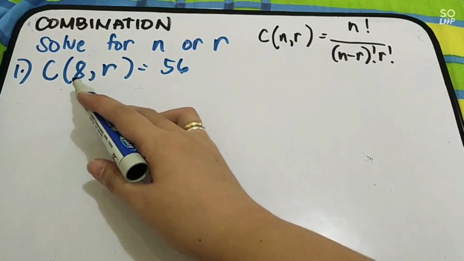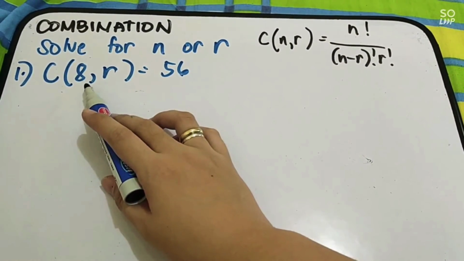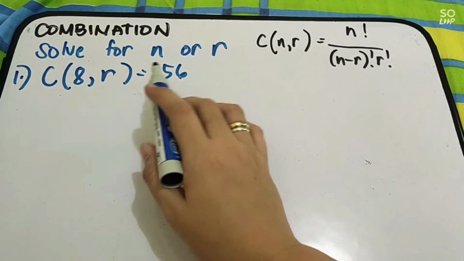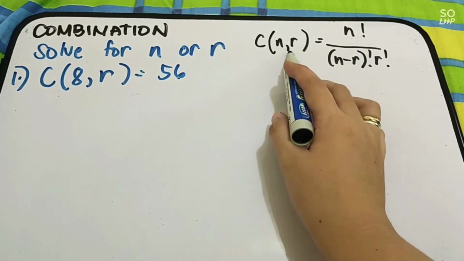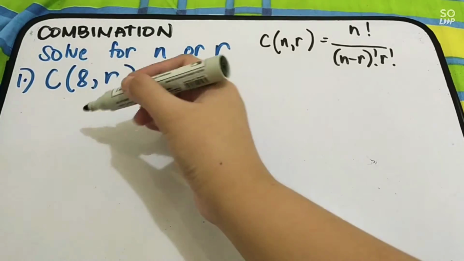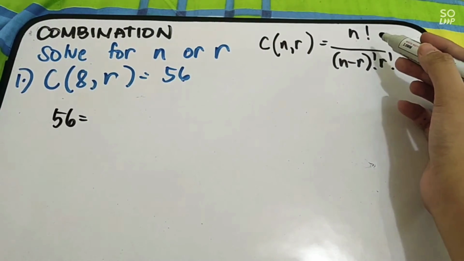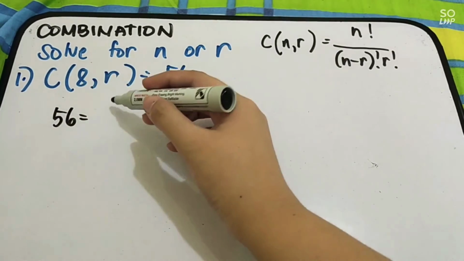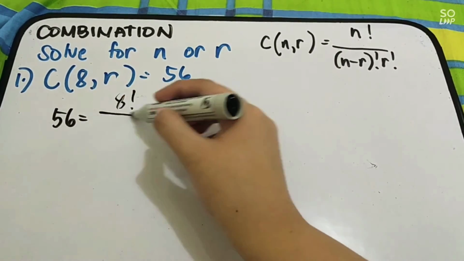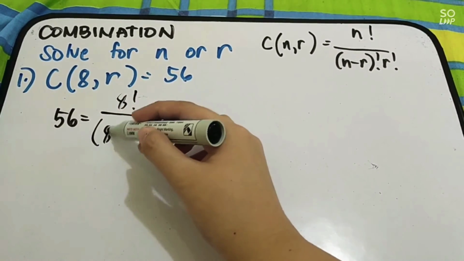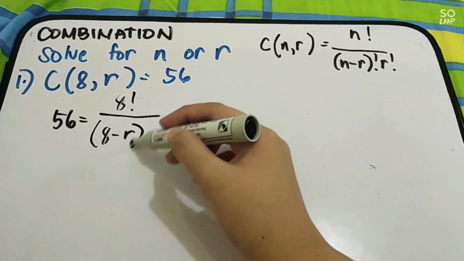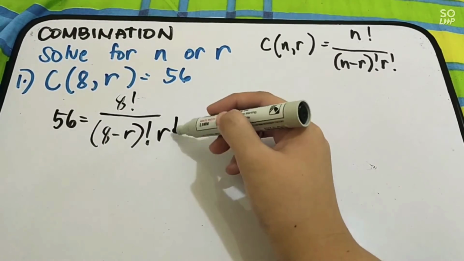So, we have here combination of 8 objects taken R at a time is equals to 56. So, ang C N R mo is 56. So, you write here 56 is equals to, ang N factorial mo ay 8. We have 8 factorial over 8 minus R factorial, then R factorial.